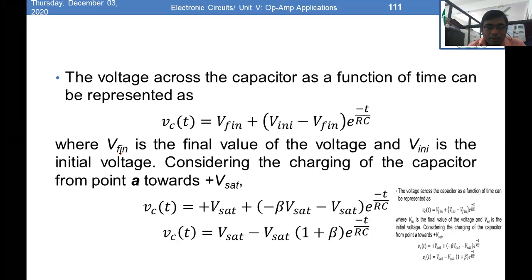Here V final is nothing but the final value of the voltage, and V initial is nothing but the initial voltage across the capacitor.